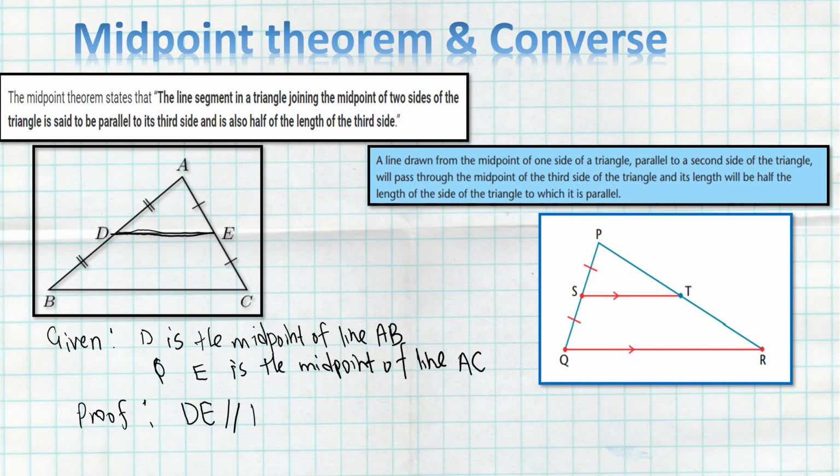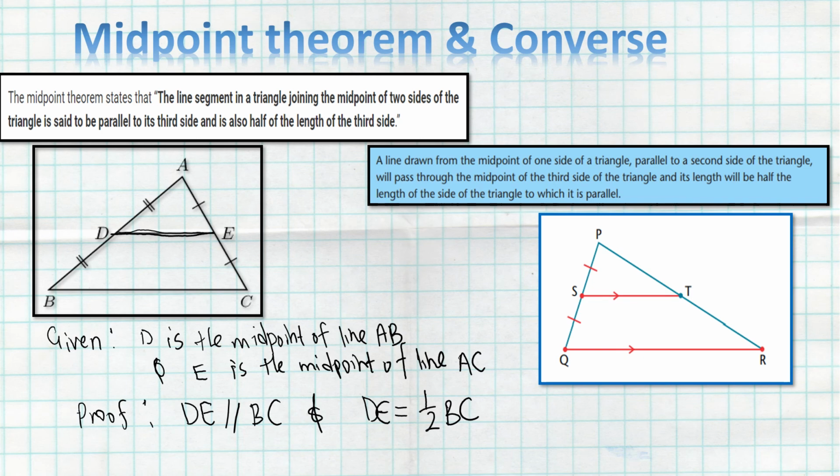Then DE is going to be parallel to BC, and DE is going to be equal to half what? Half BC. Okay, so that's basically midpoint theorem, the one you learned in grade 9, I think also in grade 11 they taught you midpoint theorem.